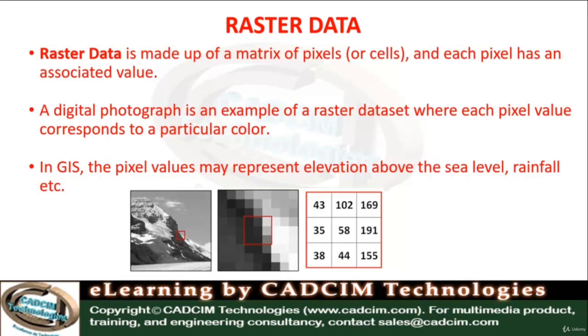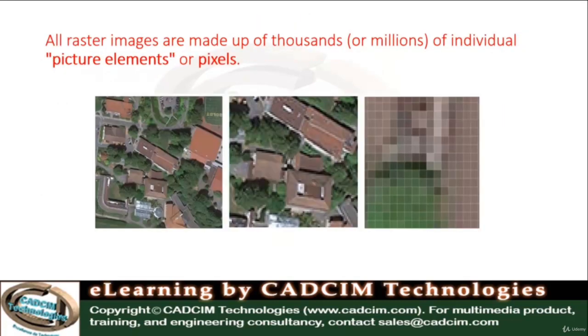For example, the value may represent elevation above sea level, rivers, etc. Examples of raster datasets are digital aerial photographs, satellite images, digital pictures, that is the pictures taken on a camera or cell phone. All raster images are made up of thousands or millions of individual picture elements or pixels.